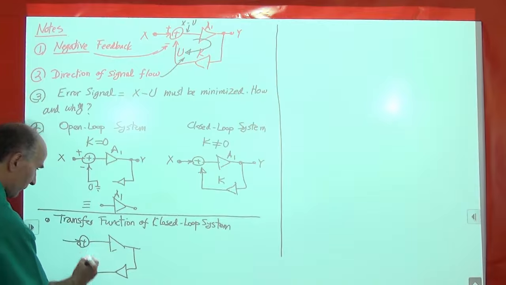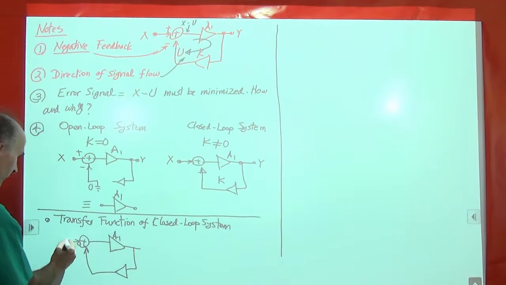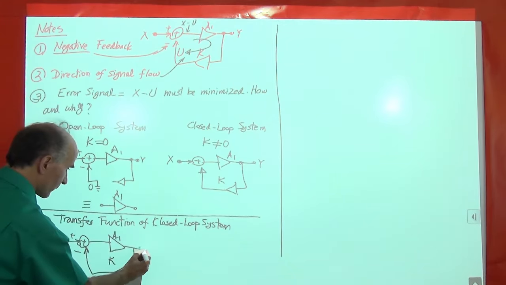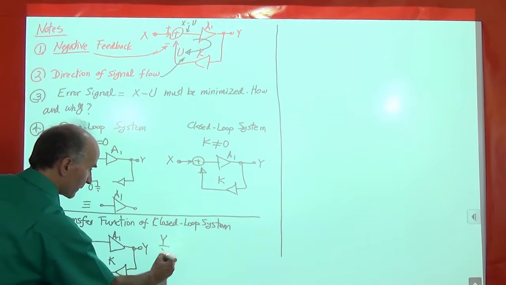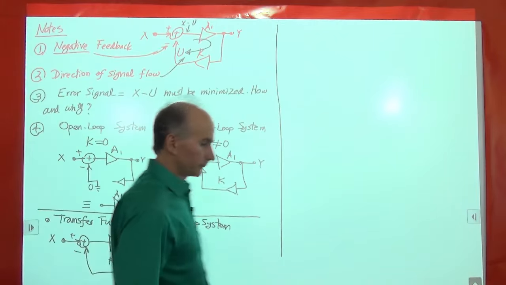And transfer function simply means Y over X, right? So we would like to see what we get in this case. So Y over X. That's what we would like to find.